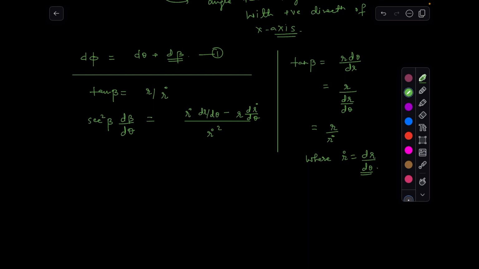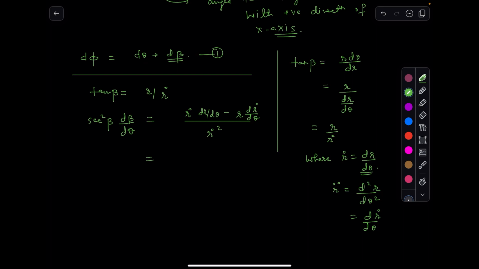Now, if r dot is dr by d theta, then r double dot can be written as d2r by d theta square, or as the derivative of r dot.